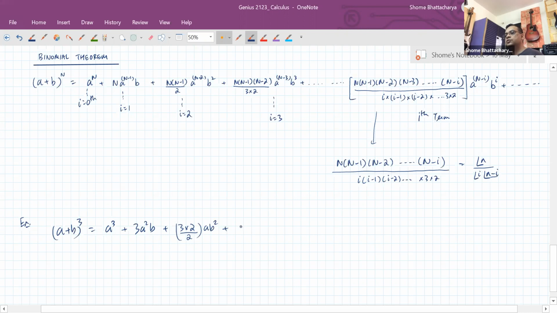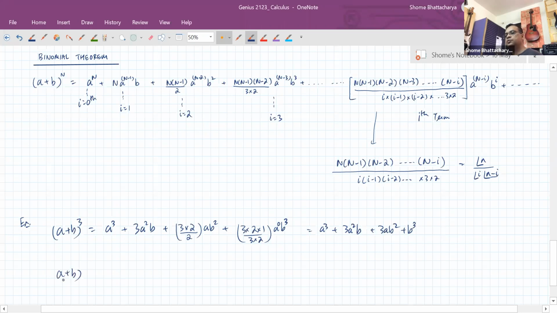The fourth term becomes 3 into 2 into 1 divided by 3 into 2. So that's 1 only into a to the power 0 b cube. And once this reaches here, the last term where b's power becomes n, the series stops. So ultimately this is a cube plus 3a square b plus 3ab square plus b cube.